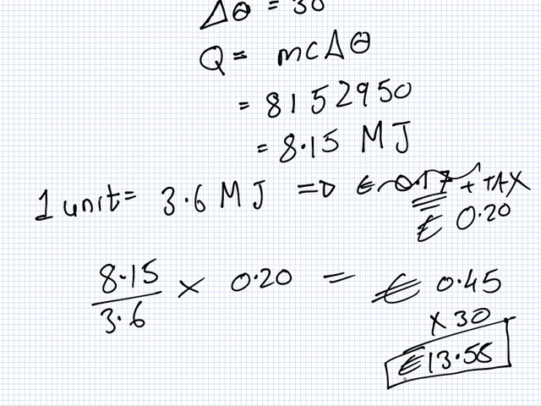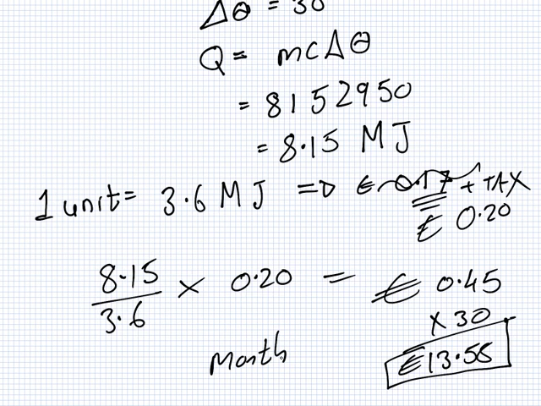Why do you multiply by 30? Because I want to know how much per month. You get your bill every month, so I wonder how much of it is because of the shower. It's about 13 euros.